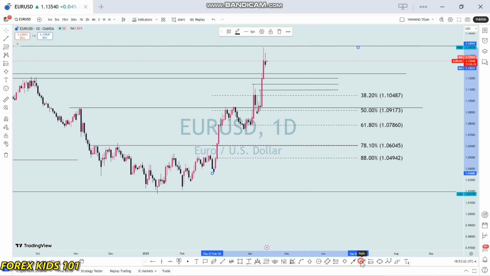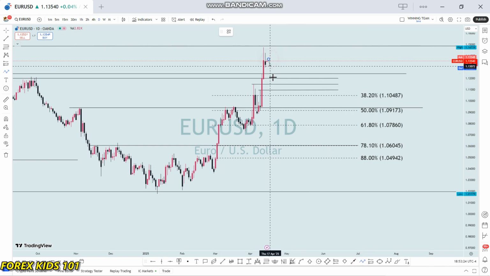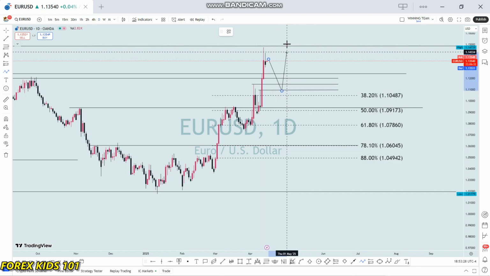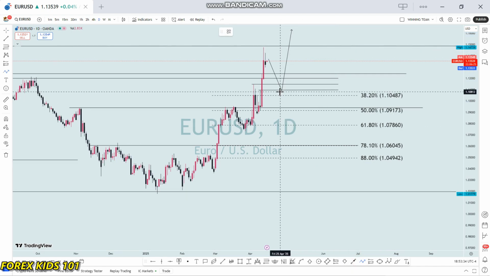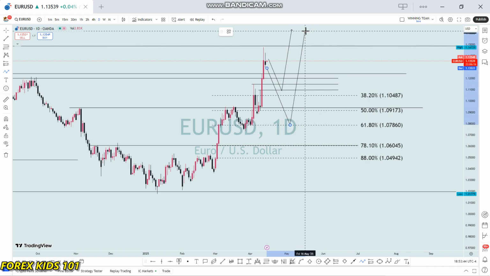There's still a high possibility that instead of this market just taking a turn here and continuously pushing above and breaking, we might see it continuously moving from there, or maybe take a turn at this area here and then continue all the way up.